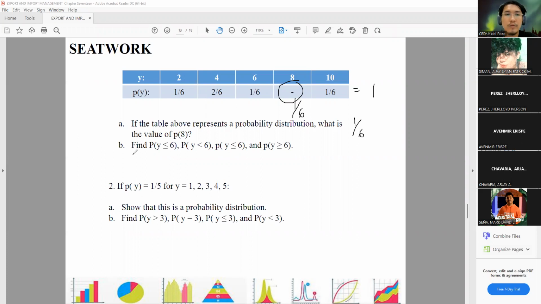Yes. Okay. Number 2, find the value of P if y is greater than, sorry, less than or equal to 6. Ano yung value?